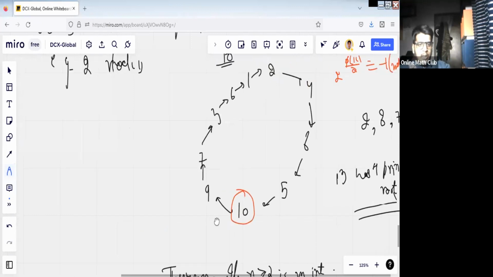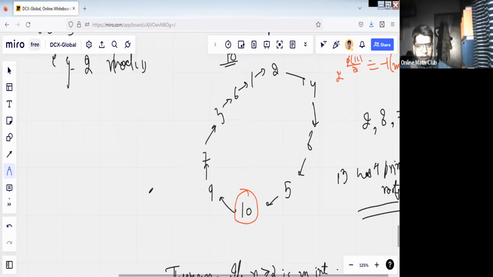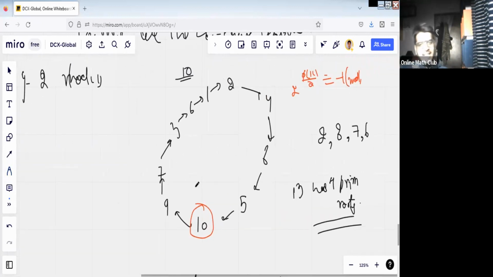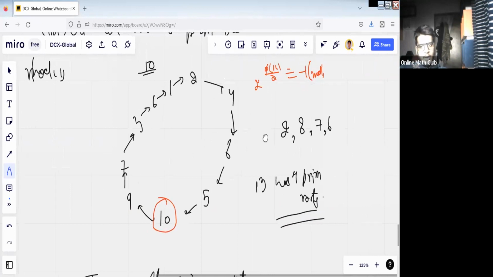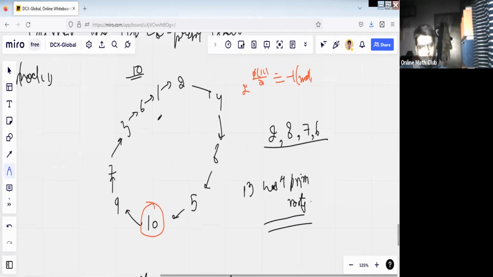Try to think in a better way. Stop guessing. This is the primitive roots mod 11. Try to see what's special about them, maybe from this cycle.